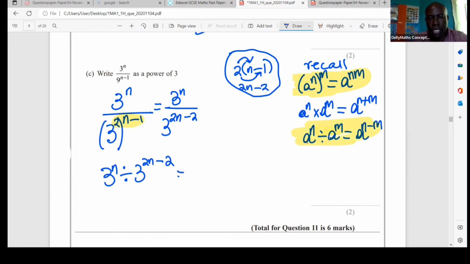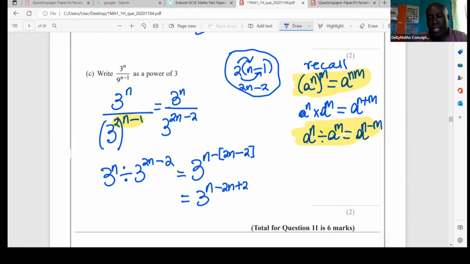So as you can see here, the base is 3. And then n minus, I'm going to put this in a bracket, 2n minus 2. And then now finally, 3 to the n minus 2n, and then this will be a positive 2.